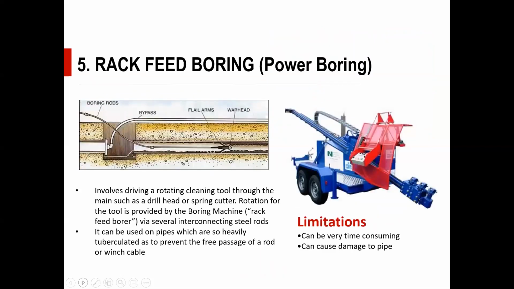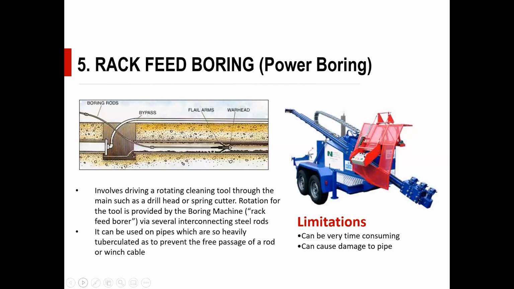The final one, when we're looking at water mains and cleaning pipes, is what we call rack feed boring or power boring. There's a picture on the right hand side. It looks very similar to a directional drilling rig, but it's long steel rods that are pushed down through the pipe. Depending on how much tuberculation you've got, you'll have probably a spade or a drill head on the front, an arrowhead, and then behind that you'll have some flail arms that rotate.